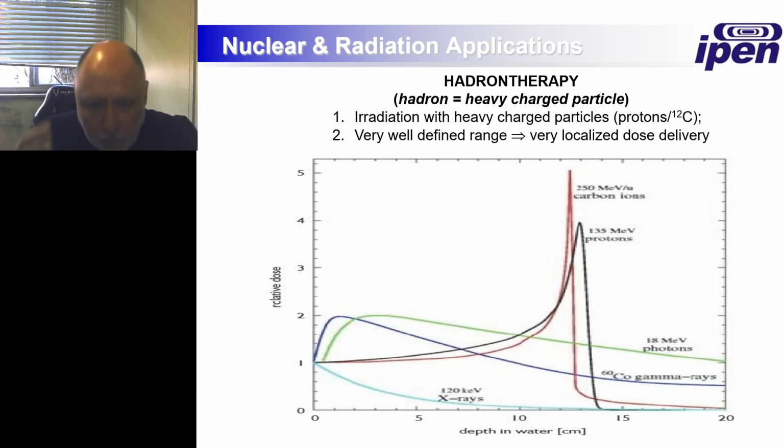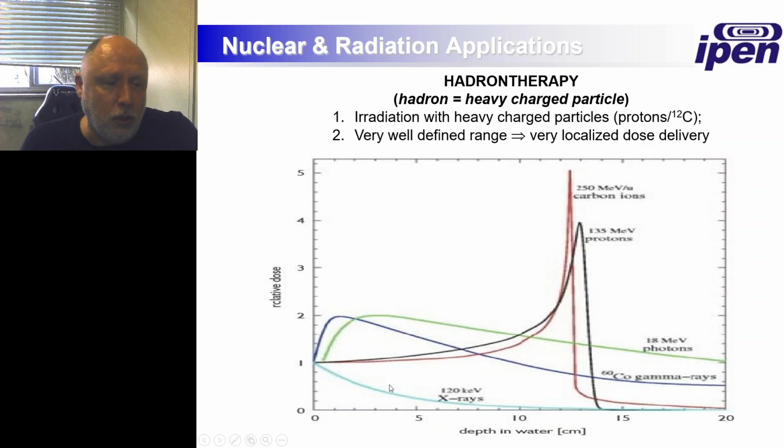So remember when we showed you interactions of heavy charged particles with matter, and I showed you that there was, I don't know if I told you the name, the Bragg peak. It deposits its energy mostly in a very short part of the path, and there's essentially no dose after that, right?